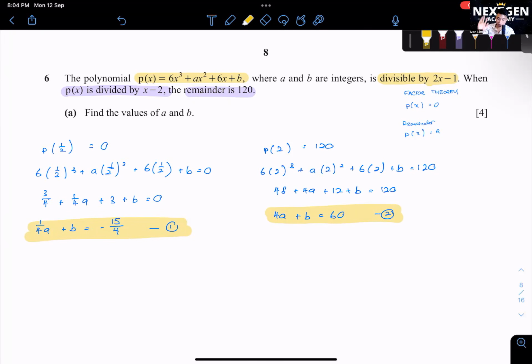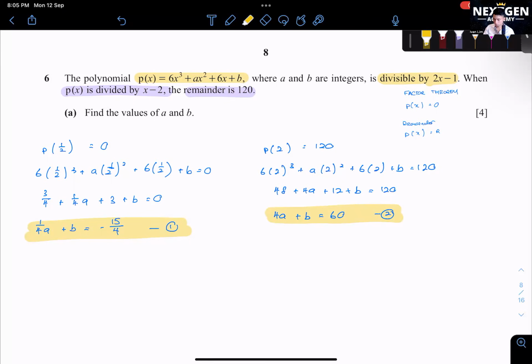Okay, anyone not clear? For EX calculator, go into menu, go into equation / function, then go simultaneous equation. Unknowns, 2. Okay, so 1 over 4, 1, then negative 15 over 4.